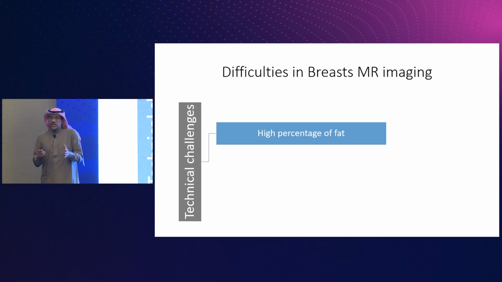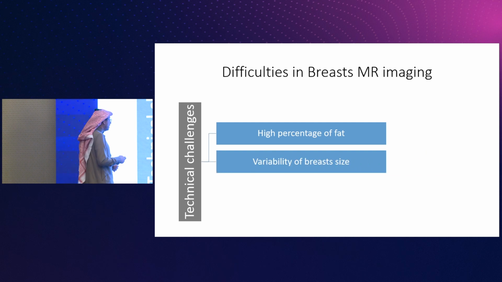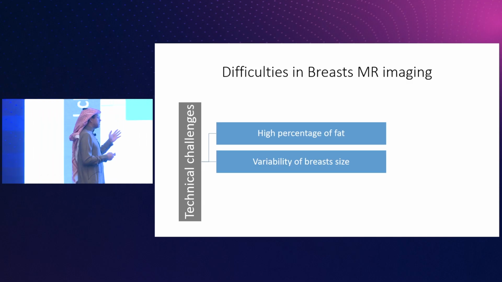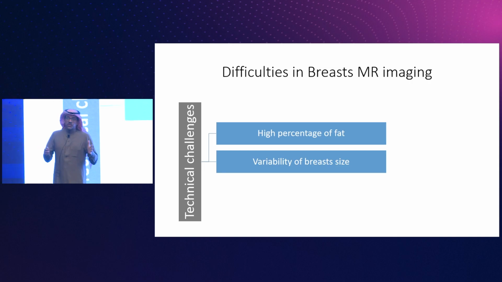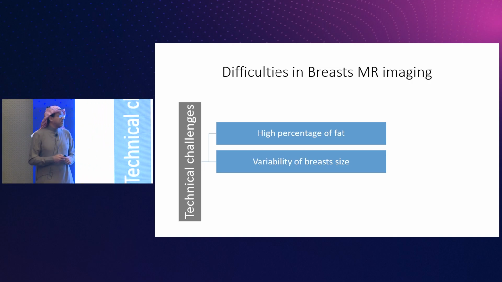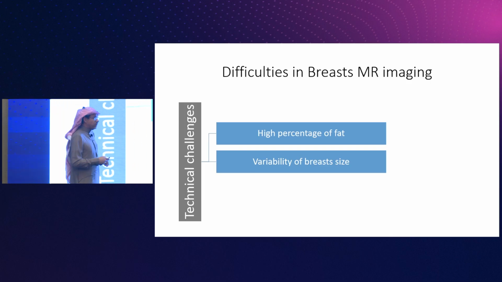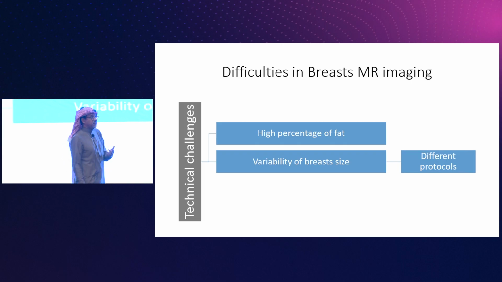Whenever you read any article about breast MRI, you will encounter this. Variability of breast size. You need to adjust from one patient to another. And that will lead us to what also? Just to mention this, different protocols.